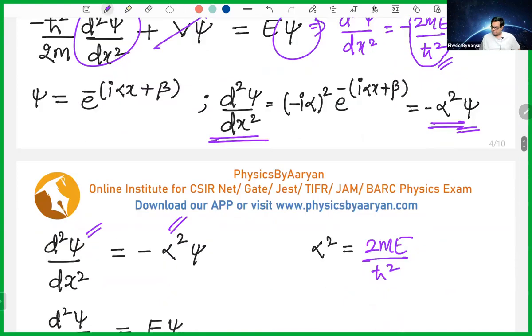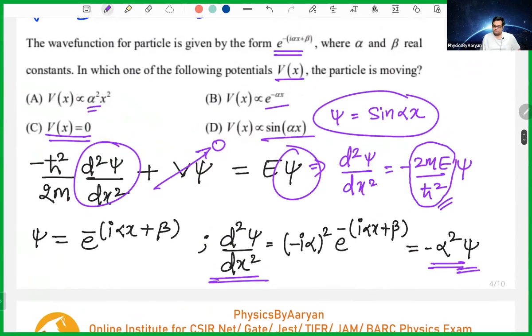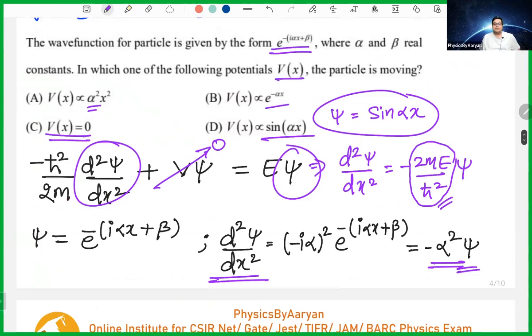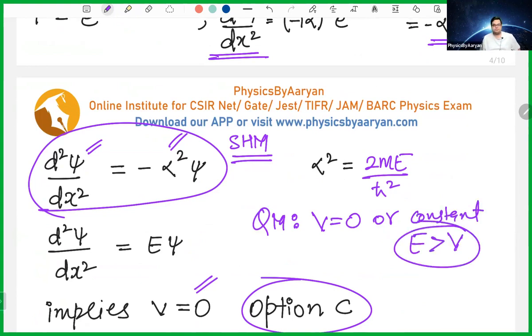Always remember, this is an equation for a simple harmonic wave, simple harmonic motion. This is a wave function of a simple harmonic function. And simple harmonic functions in quantum mechanics are obtained when potential is 0 or constant, and your energy is greater than potential.